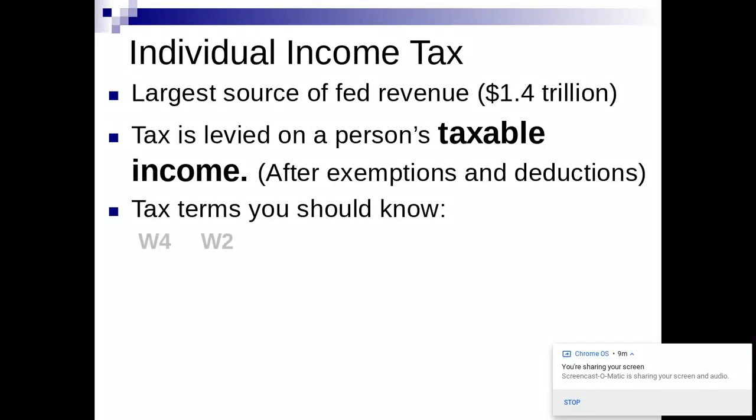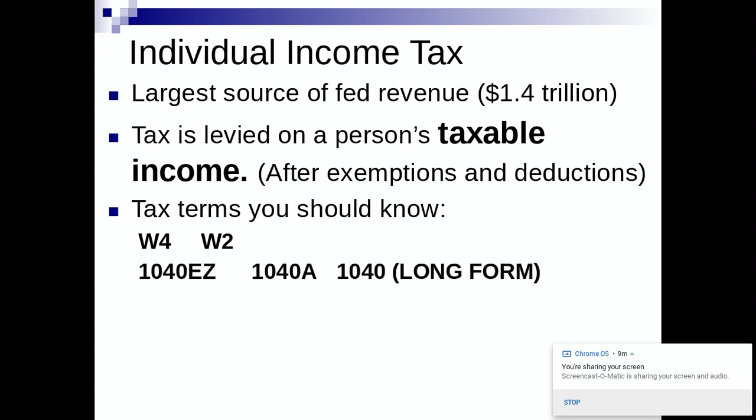So, tax terms you should know: W-4 and W-2. When you get your first job, you'll have to fill out a W-4 and W-2. I'll show you an example of it in a little bit. And there are other forms, like 1040s, different types of 1040 programs, 1099s, etc. Most of us will deal with the W-4 and W-2. 1040s and 1099s are a little bit different. We'll get into that.